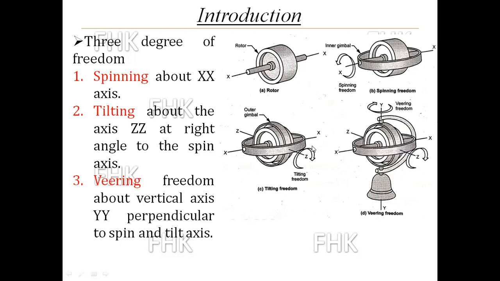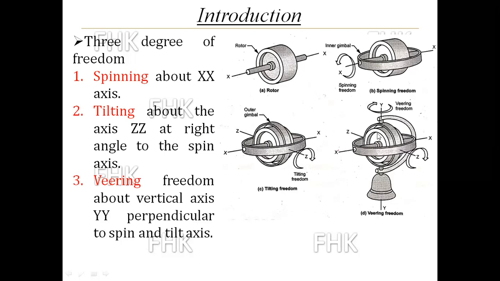Second, this rotor along with the xx axis is tilting about the zz axis, which is in a single plane. It is on the same plane but perpendicular to xx. So that rotating axis zz is called a tilting freedom, and that axis is called a tilting axis.